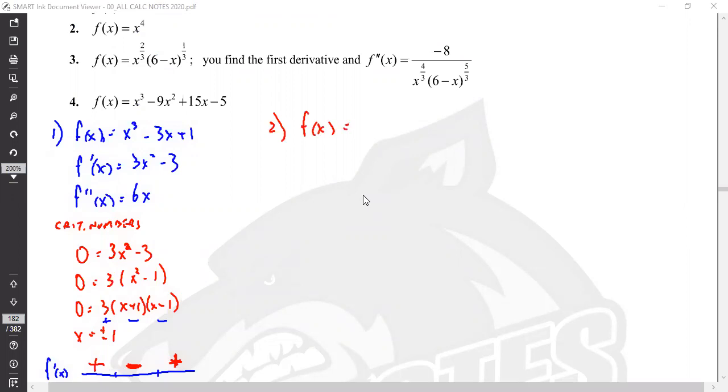f of x is equal to x to the 4. So f prime is 4x cubed, and f double prime is 12x squared. Critical numbers: 0 is equal to 4x cubed.